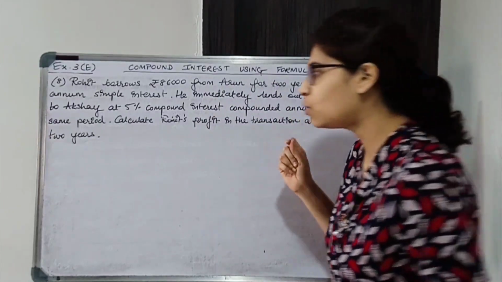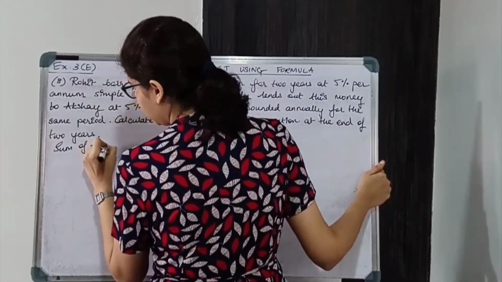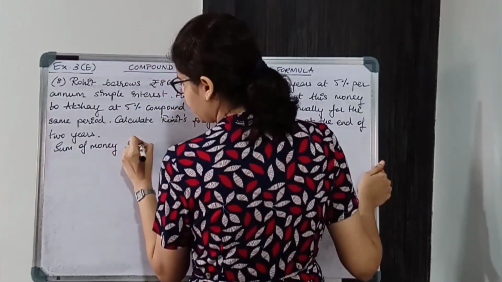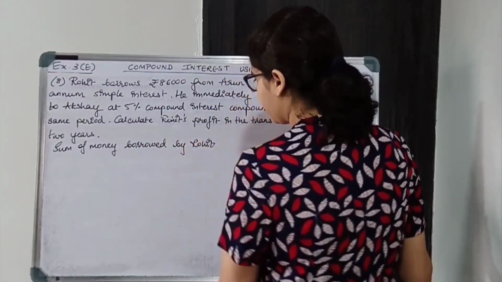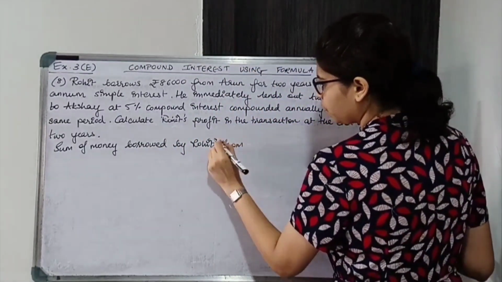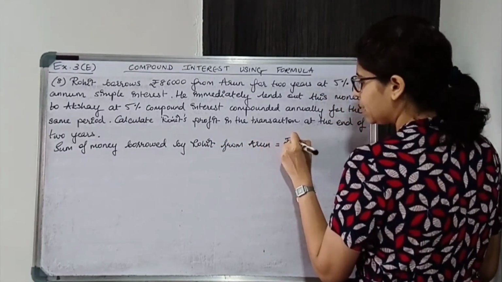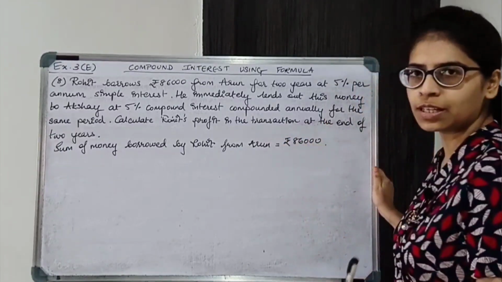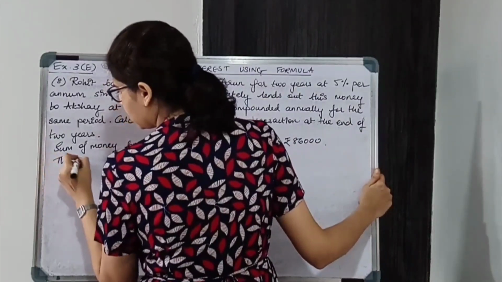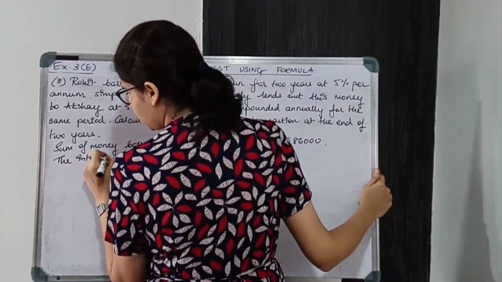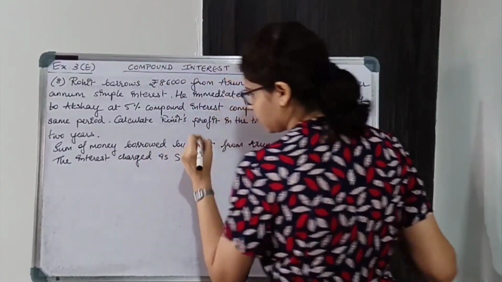So sum of money borrowed by Rohit from Arun is equal to rupees 86,000. He has borrowed at simple interest, so the interest charged is simple interest.